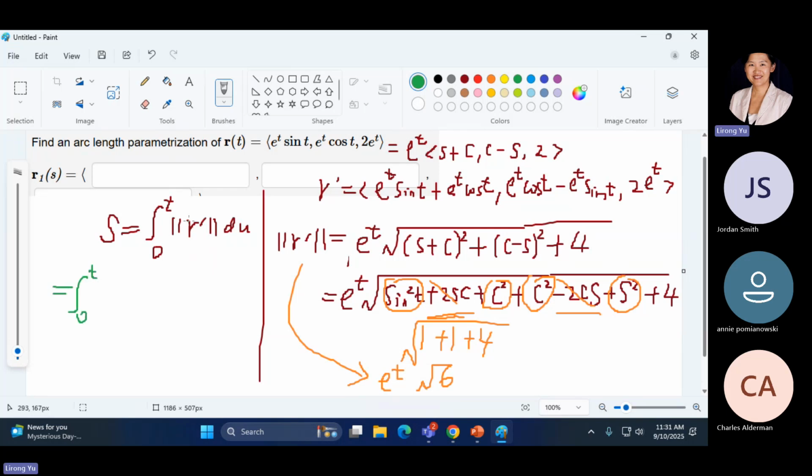Now we know the magnitude of r prime is equal to e to the t, but we have variable u, so e to the u root of 6 du. Root of 6 is the multiplied number, its coefficient, so you bring the root of 6 outside. The integration of e to the u du is e to the u.